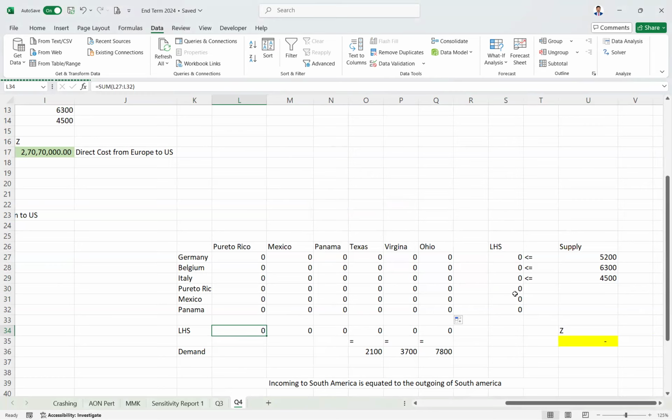It is up to you whichever concept is used. I'm using this concept because here there is no need for buffer. Without buffer also you can do it. The goods which are incoming to Puerto Rico should be equal to the goods which are outgoing from Puerto Rico. That is how we equate it. Similarly, the goods which are incoming to Mexico should be equal to those going out from Mexico. And that also for Panama.